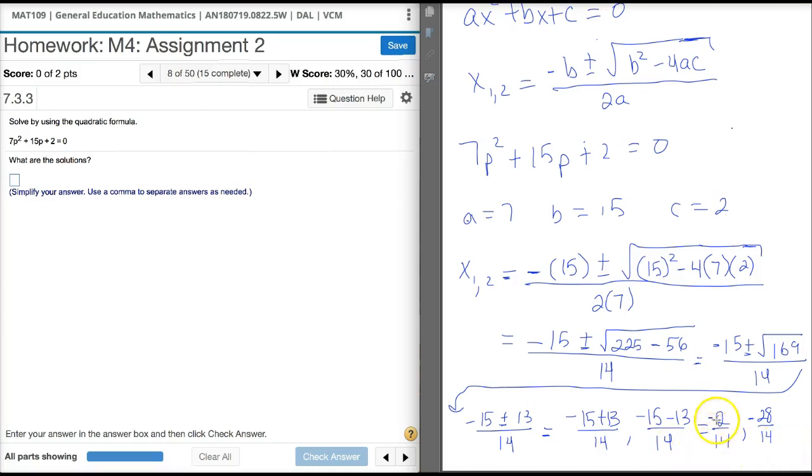Negative 2 divided by 14 reduces to negative 1 over 7, and negative 28 over 14 is negative 2. So my final answers are P equals negative 1 over 7 and negative 2.